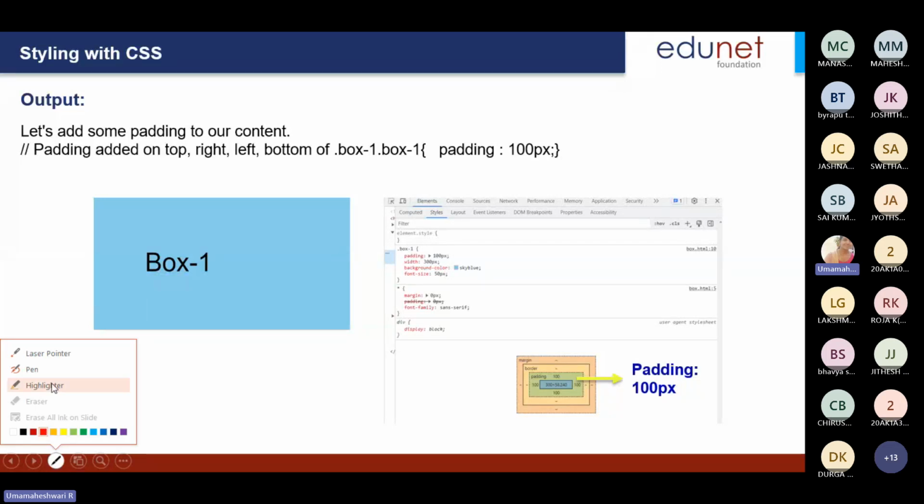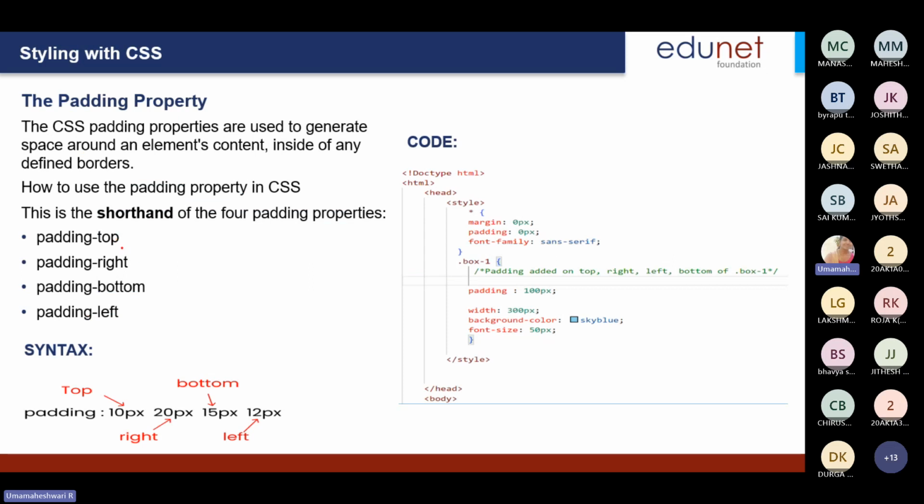Okay, so let me take the pen. So in the padding, we can see padding top, padding right, padding bottom and padding left. Why do we need all these?